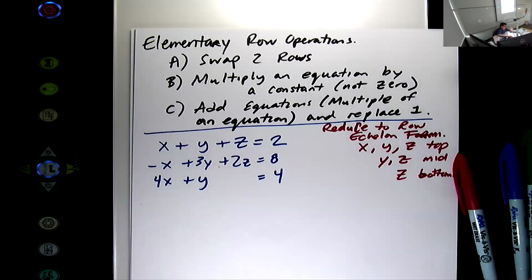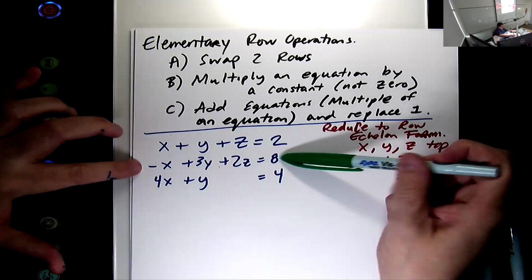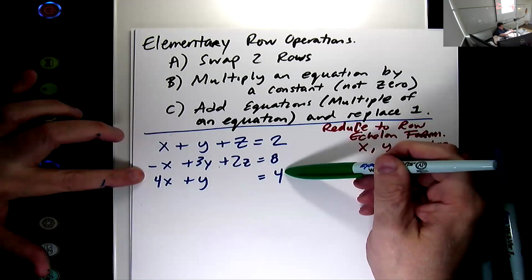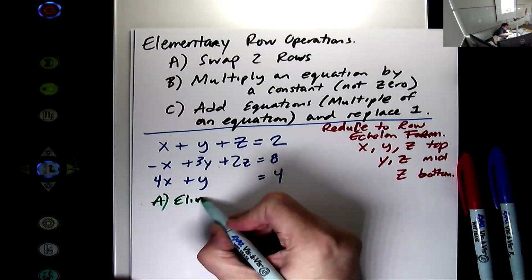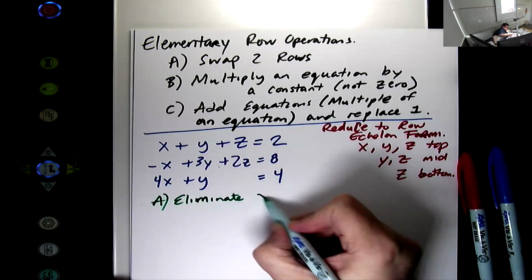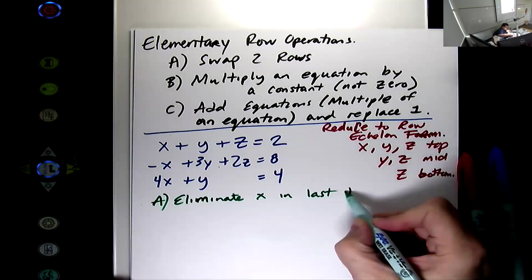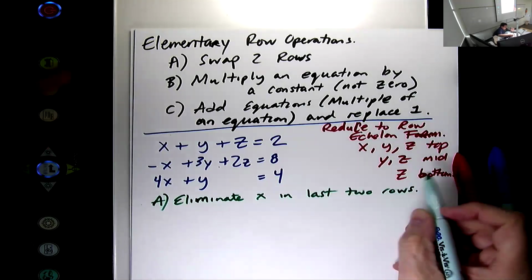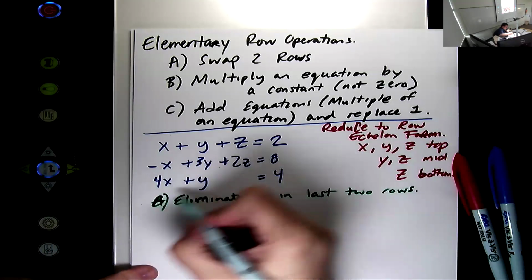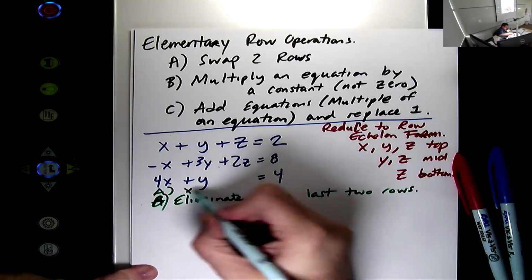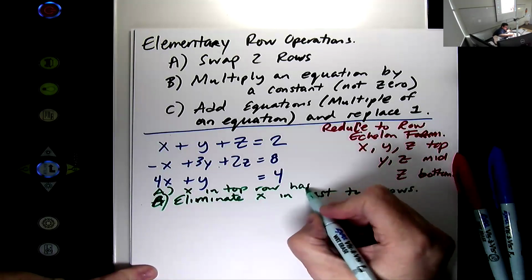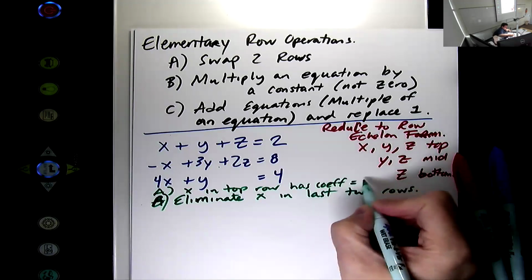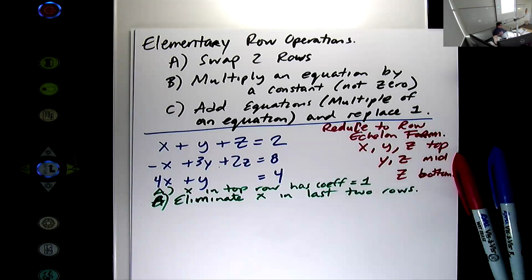I wanna first eliminate X's in the last two rows. So it's A, eliminate X in the last two rows. Well, no, really, that's B. A is make sure X in the top row has a coefficient of 1. But that's already done.